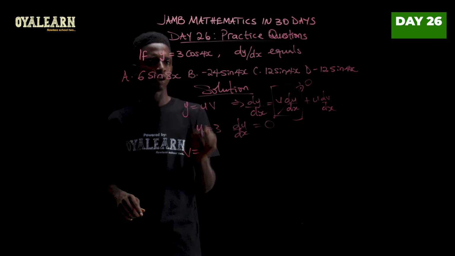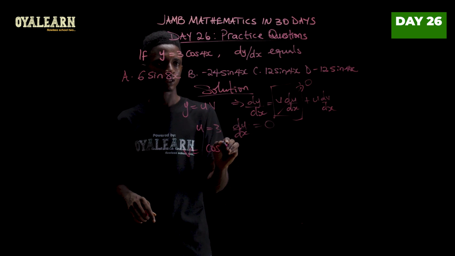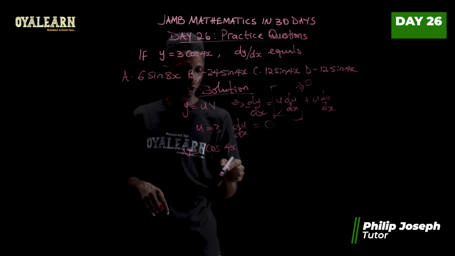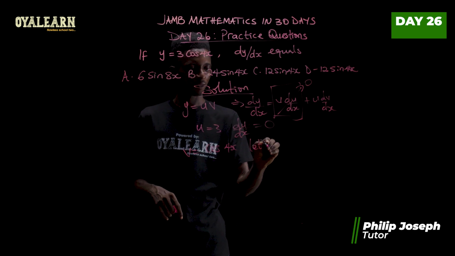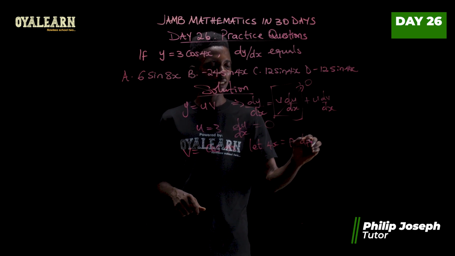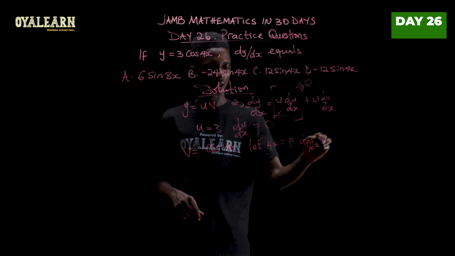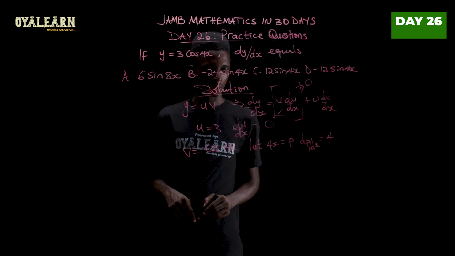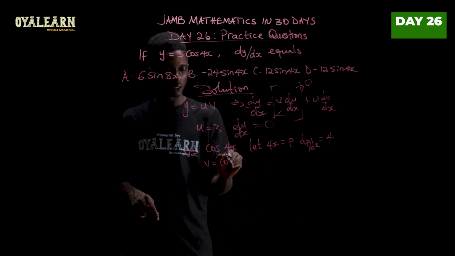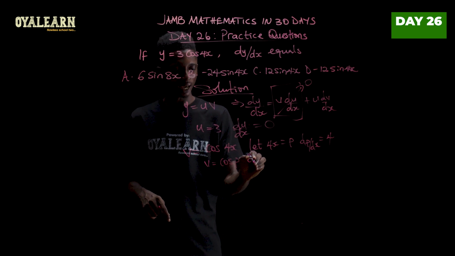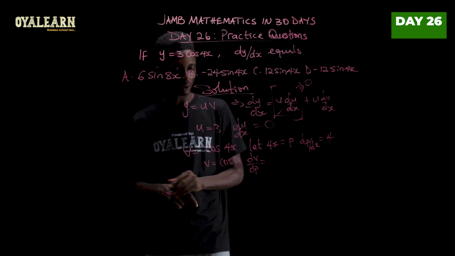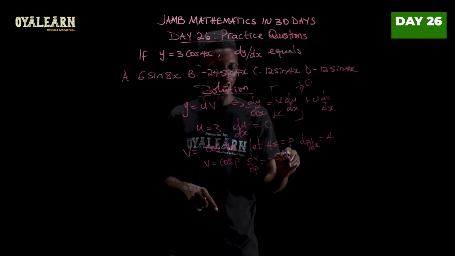So v equals cos 4x. Now we have to solve this. We say let 4x equals p, which implies that dp/dx would be 4. So we can now say that v equals cos p and dv/dp would then be minus sine p.